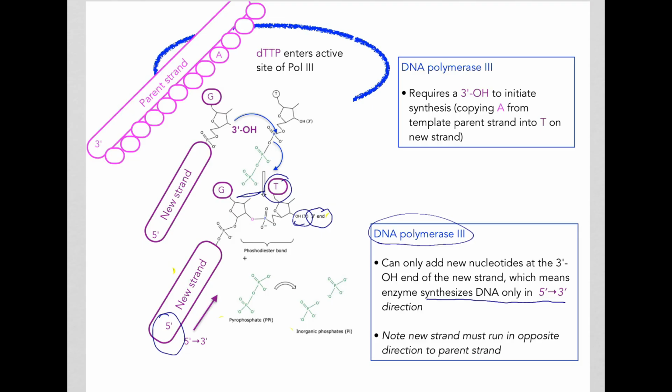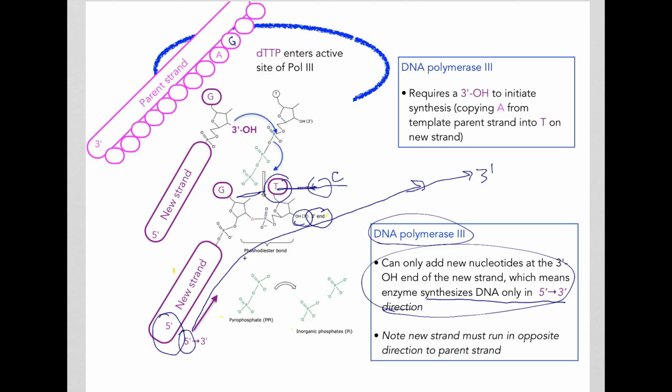So another nucleotide will be attached to the T. So let's say if this was a G on the template strand, then the next nucleotide to come in would be a C that will get attached to the T through the sugars. And that's why the synthesis only goes in this direction. Starting from the 5', it will always go towards the 3' direction. 5' to 3' synthesis.